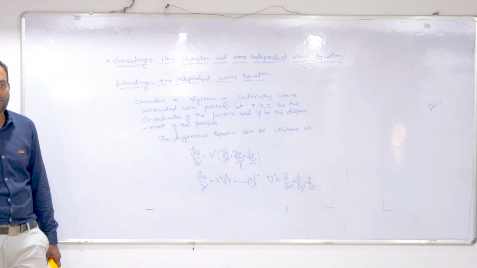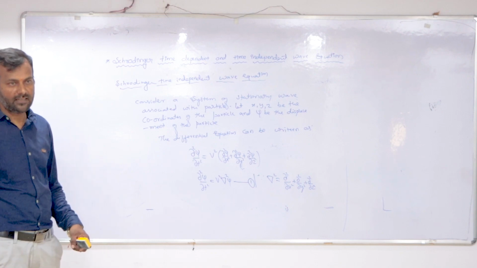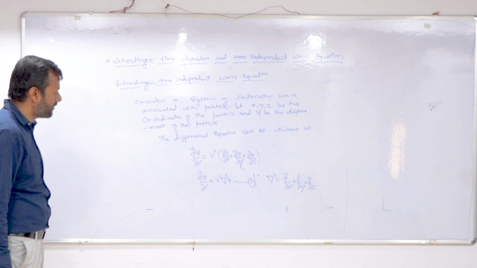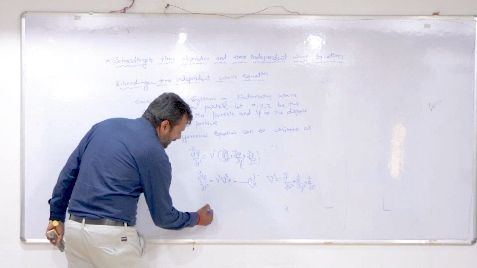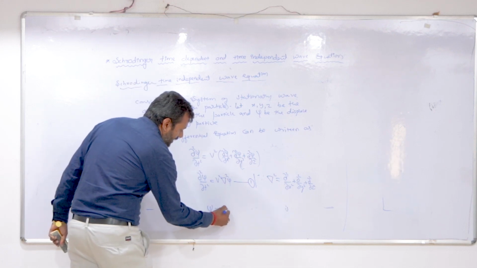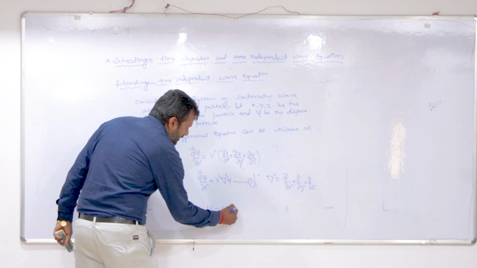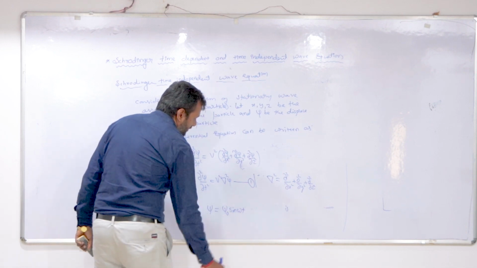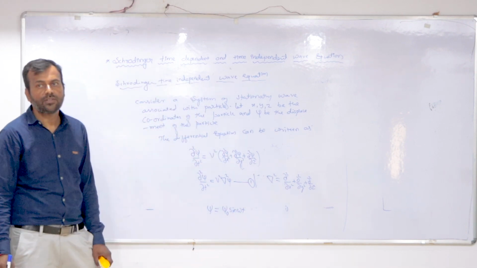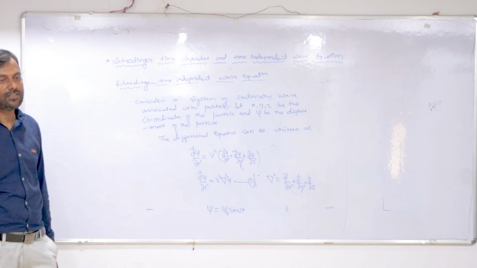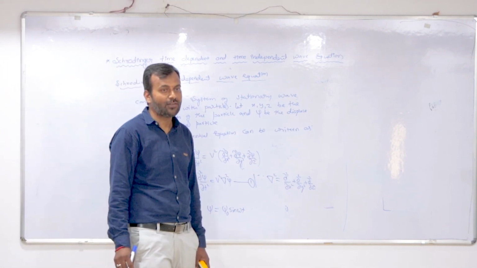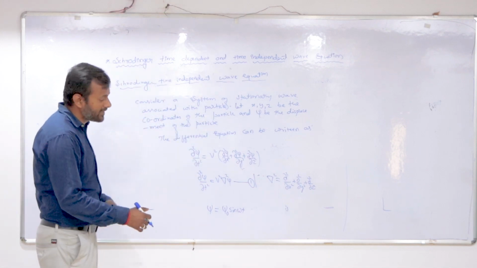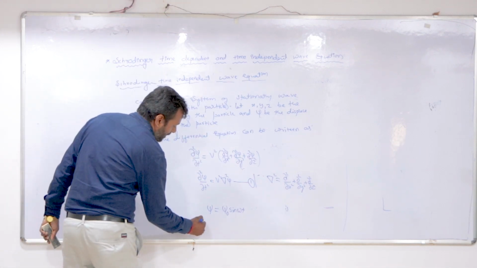Alright, so now if you solve this equation, we will get psi is equal to psi naught sine omega t. Now we are differentiating this equation twice.